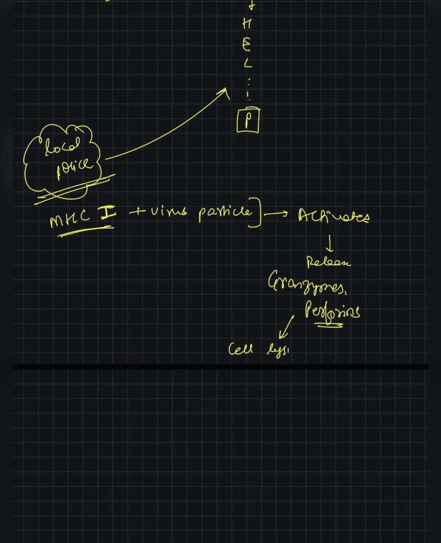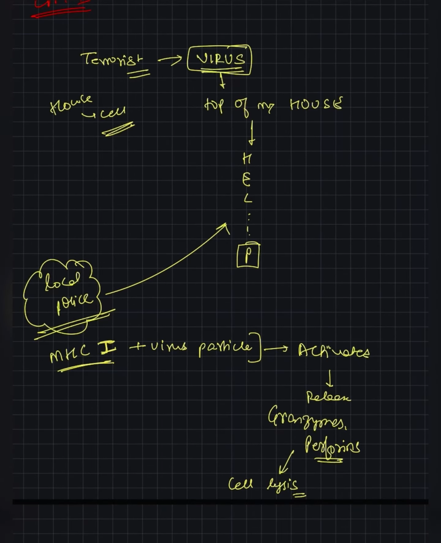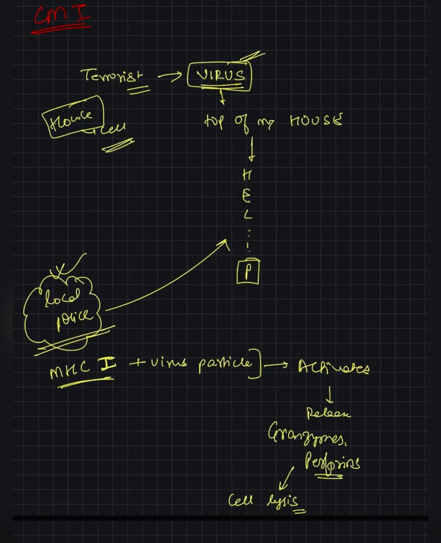It means that my house is destroyed by the local police because of the virus. It is not killing the virus, it is completely destroying the cell in case of cell mediated immunity.